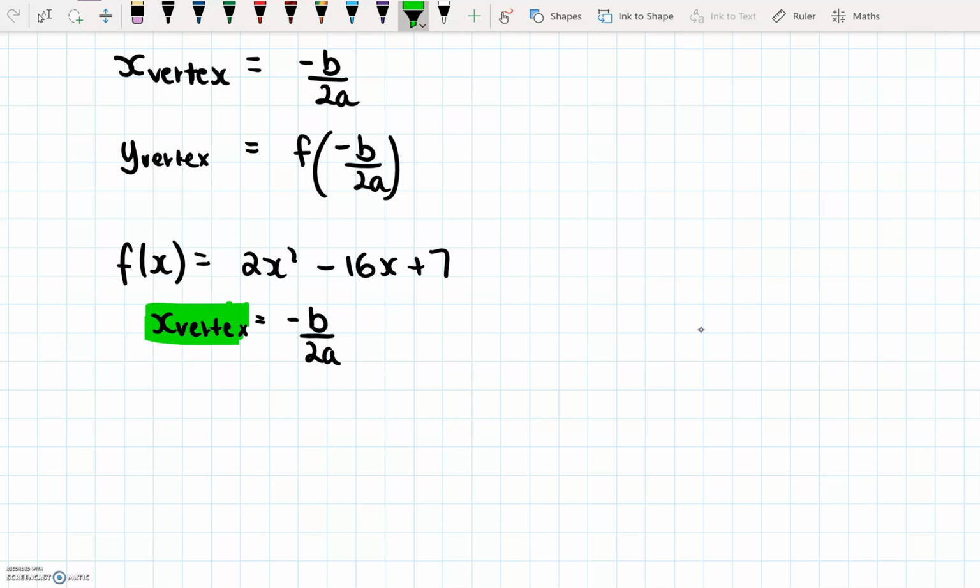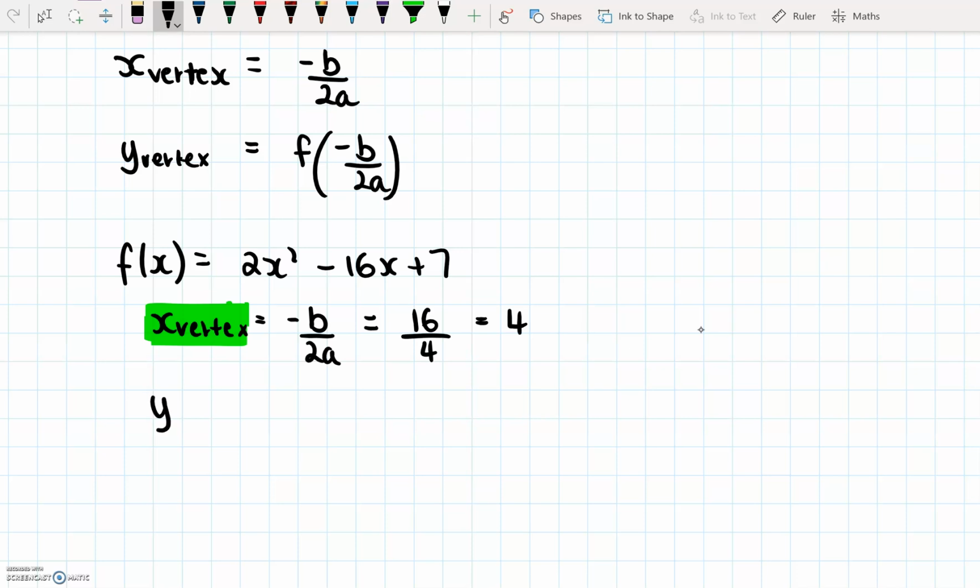So make sure you always include this bit that says this is the x vertex, okay, because we need to know exactly what you're doing. Negative b in this case is the negative of minus 16, so it's going to be positive 16 divided by 2a. 2 times 2 is 4. Okay, so in this case our x vertex is 4.